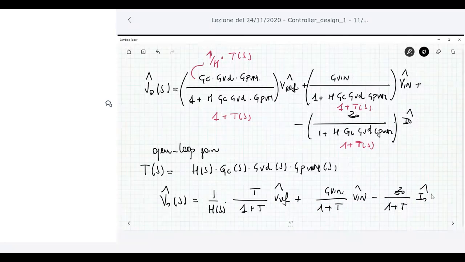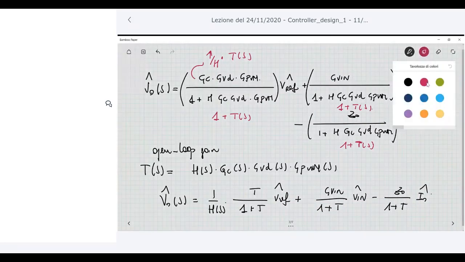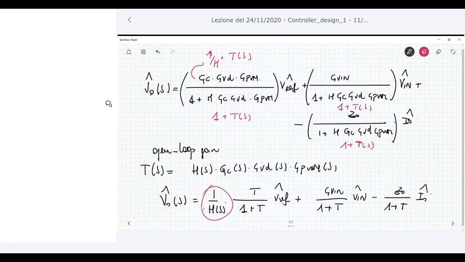Let me have a little discussion about the H term. The H term is the gain of the sensor. The gain of the sensor is something that we discuss at the end.